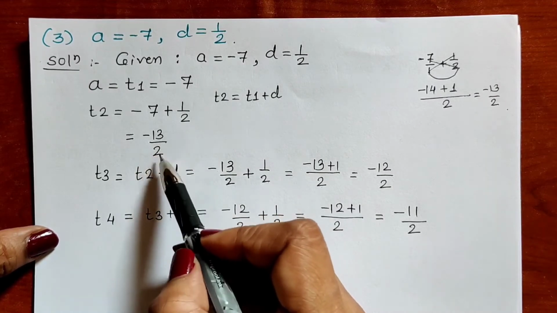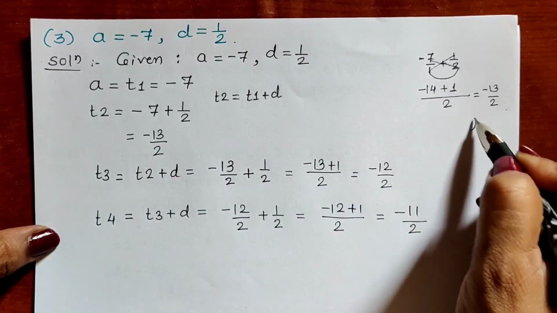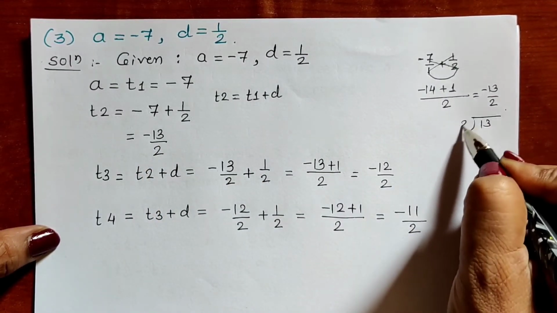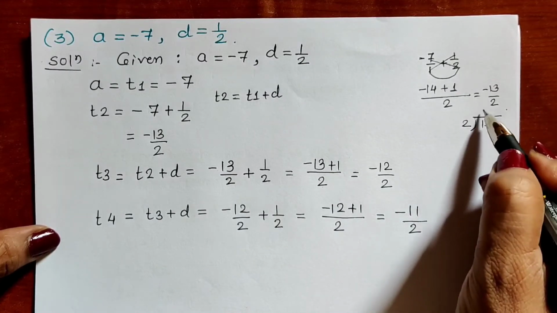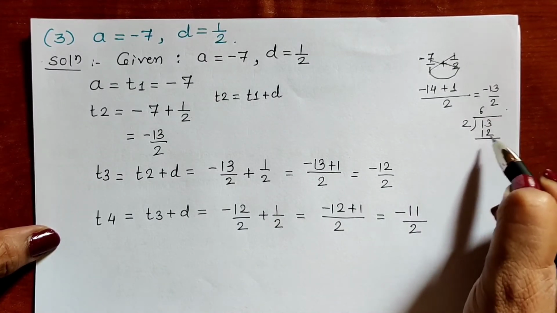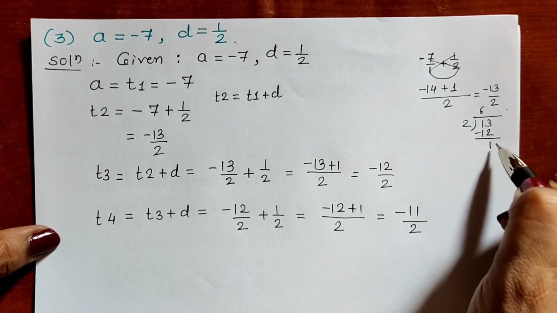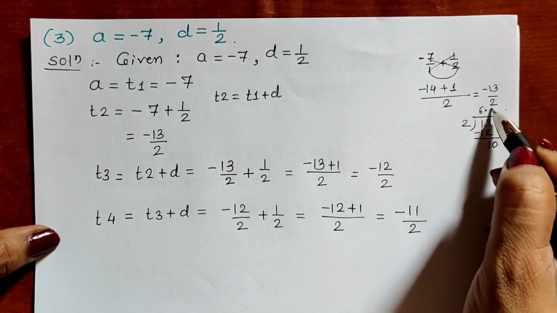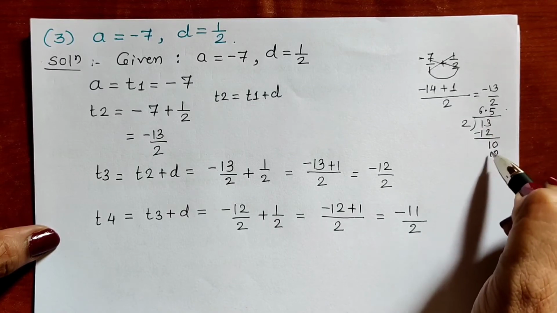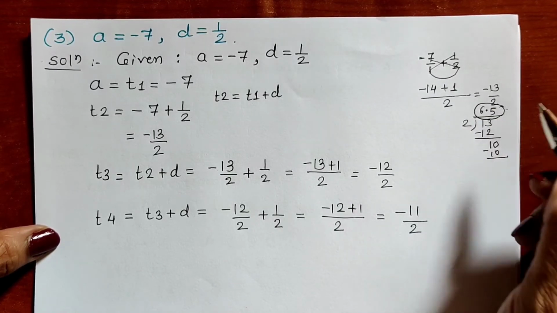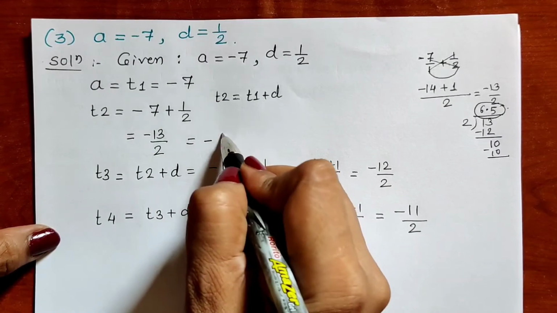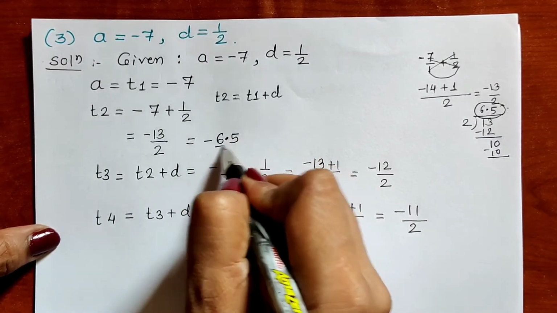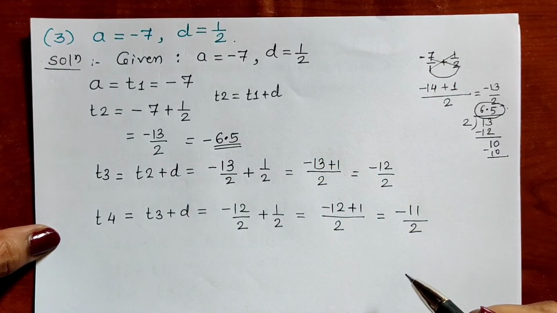What is minus 13 divided by 2? 13 divided by 2. 2 sixes are 12. 13 minus 12, 1 remaining, 0. For 0 we have to put point. 2 fives are 10. So we have got 6.5. So here we can write minus 6.5.